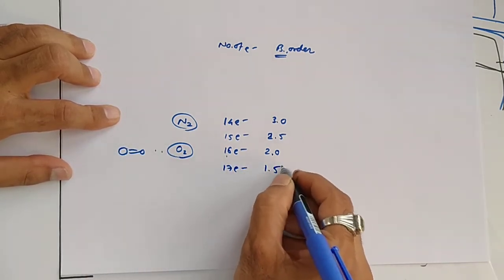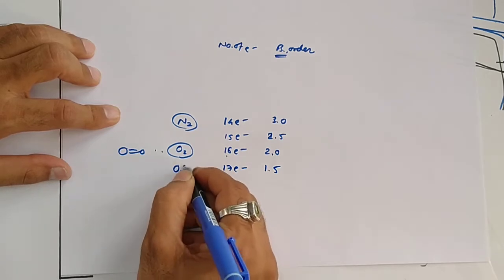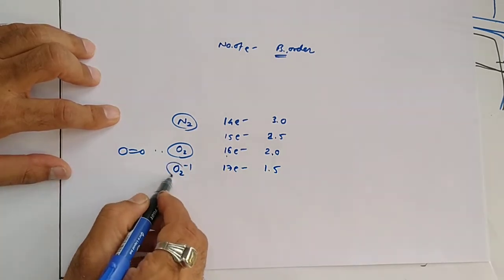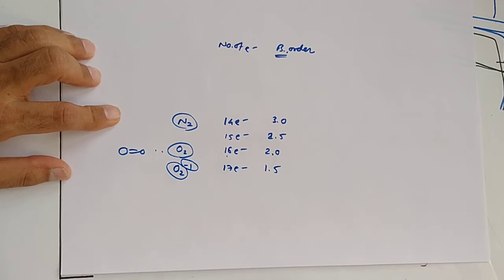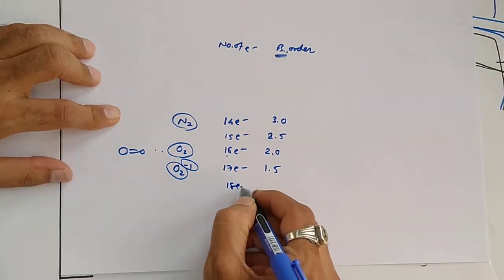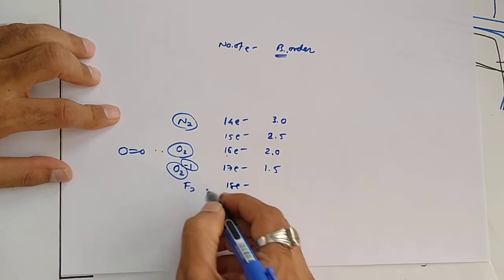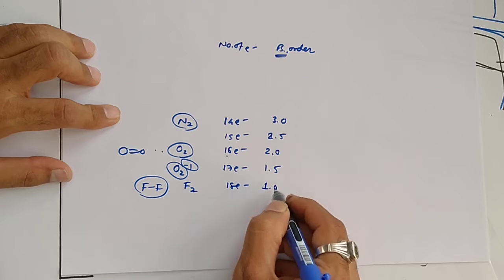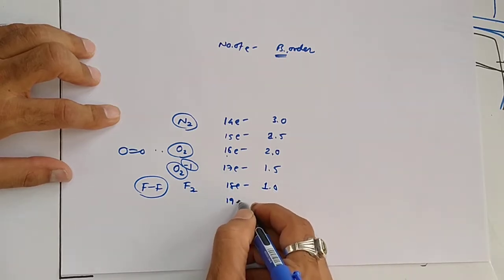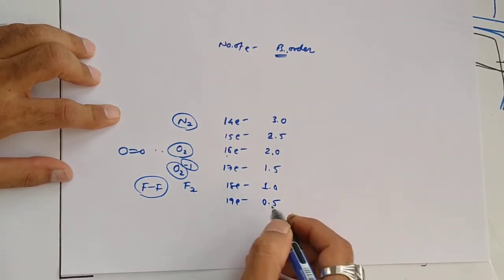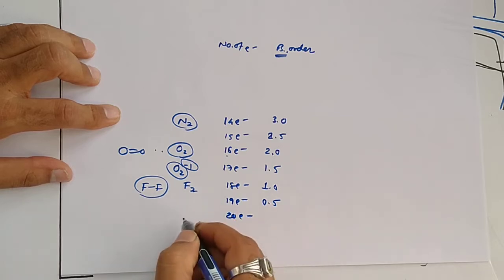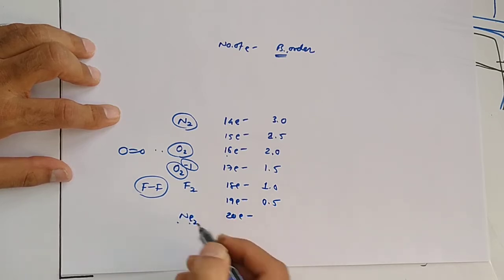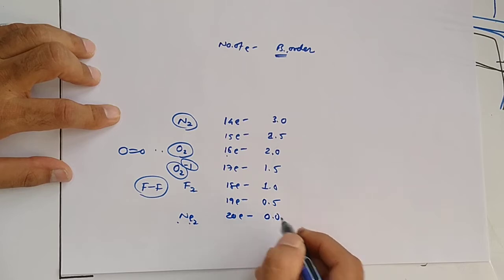17 gives 1.5, which means O2 minus: 16 plus 1, 1 is gained. We have to count. If 18 electrons, as in fluorine, there will be one bond. This is the trick. With 19 electrons, 0.5. In the case of 20, neon, 10 plus 10, 20, the bond order is 0.